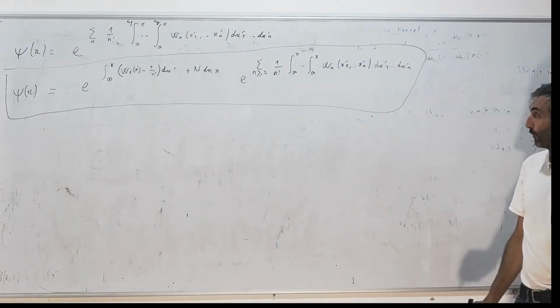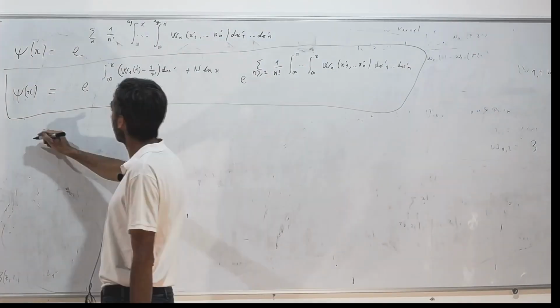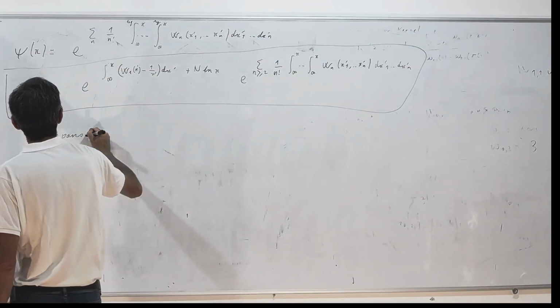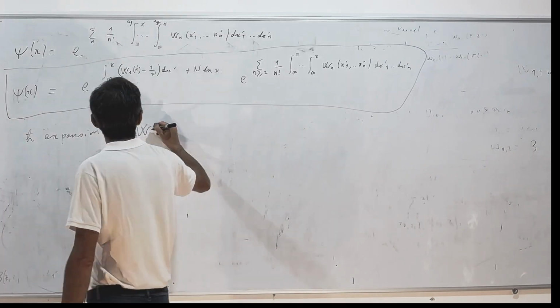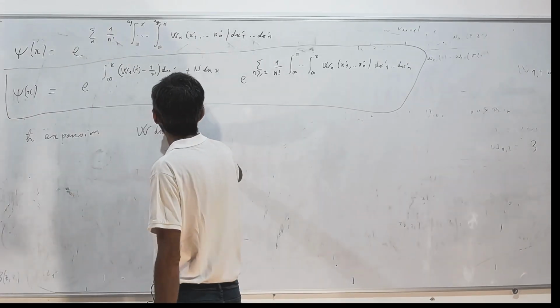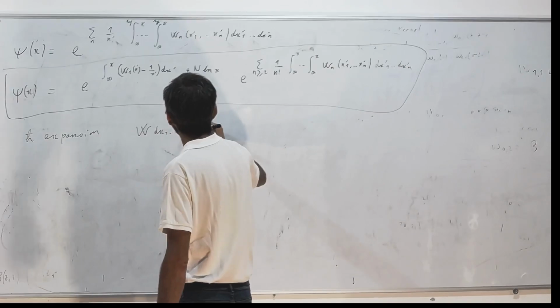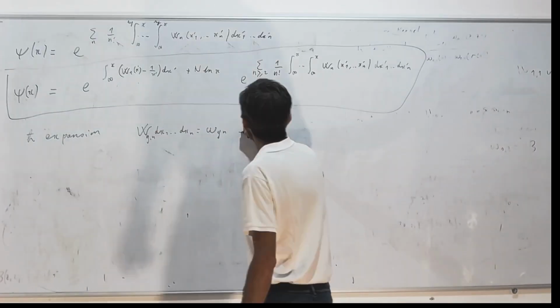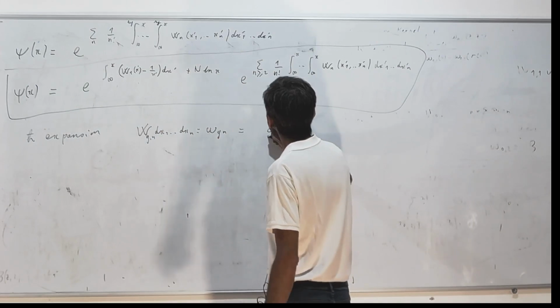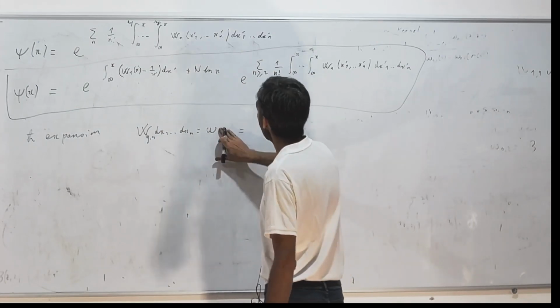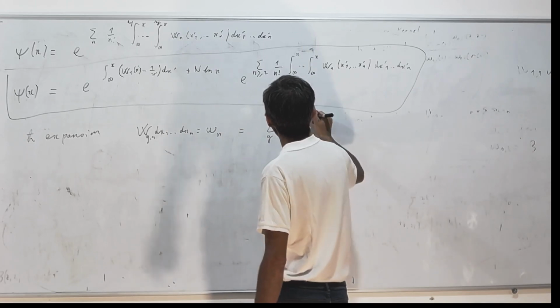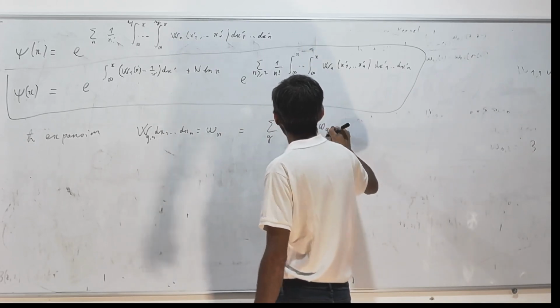And the Wn's, now let's do the h bar expansion. Wn times dx1 dxn, which is what I call omega n, is the sum over g of h bar to the 2g minus 2 plus n omega gn.